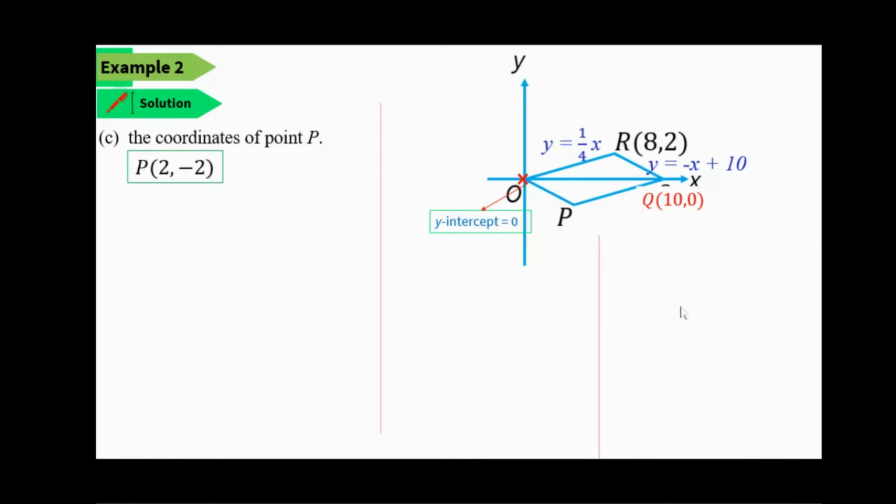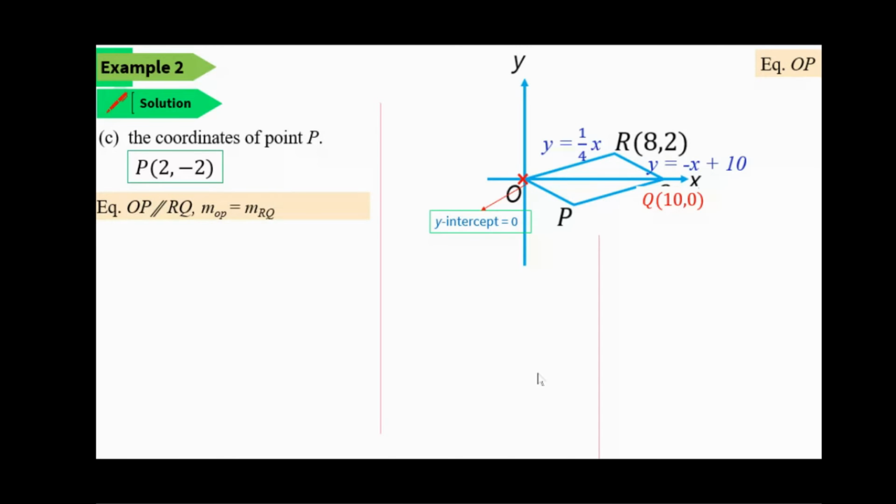Now, let's try using calculation to find the answer. From the diagram, we notice point P is the intersection point of line OP and PQ. However, we have known this equation. First step, find the equation of OP. From the diagram, the gradient of RQ equal the gradient of OP.